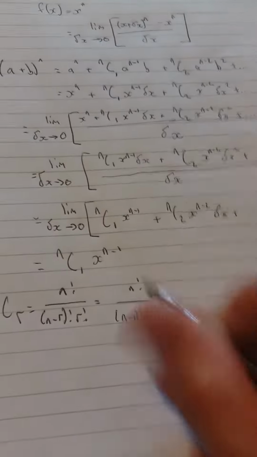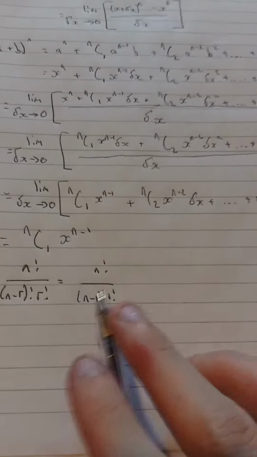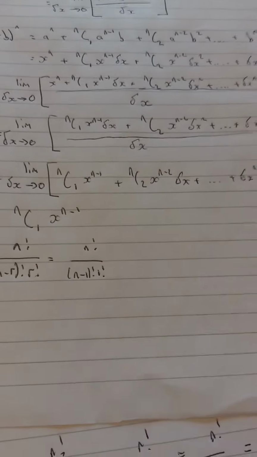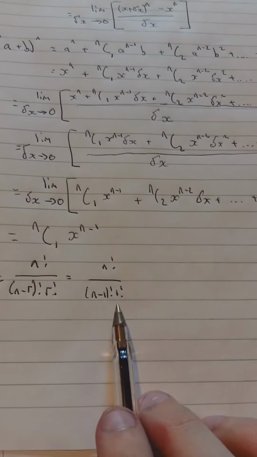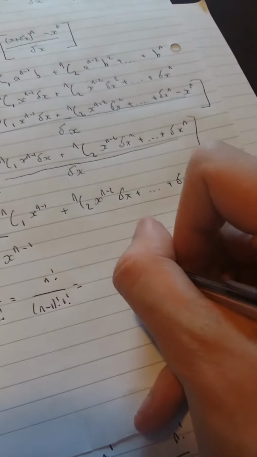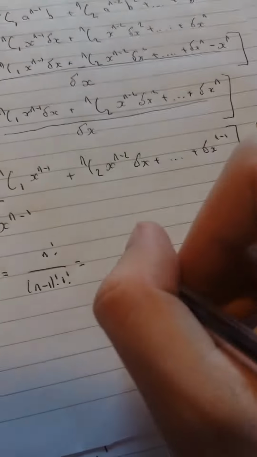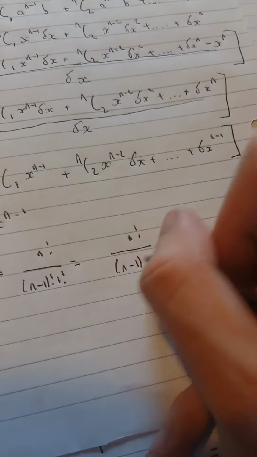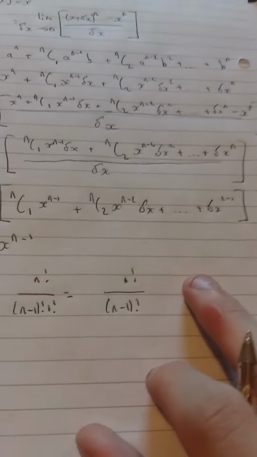A factorial function is just effectively every integer up to that value multiplied together. So 1 factorial is just 1, so you're dividing by 1, which is clearly just 1. You're left with n factorial over n minus 1 factorial.